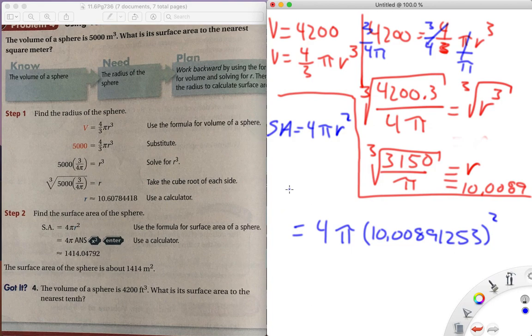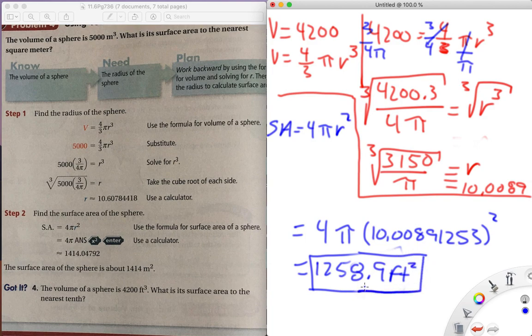And I get, they want it rounded to the nearest tenth. And I get 1,259 feet squared. Oh, they want it to the nearest tenth. My fault. 58.9 feet squared. My mistake.